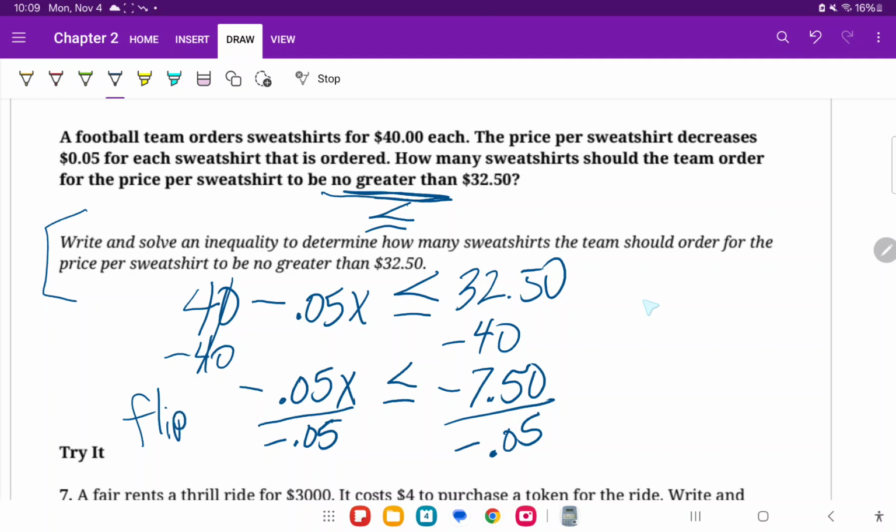So that means our x is greater than or equal to 150 when you divide that. So we need to buy at least 150 shirts. Sweatshirts is what we're getting. But we need to have at least 150 sweatshirts.